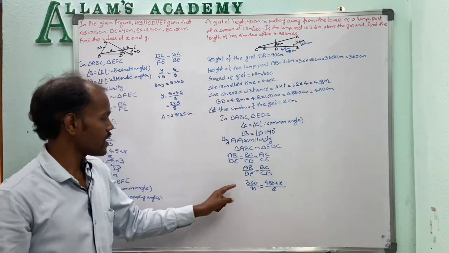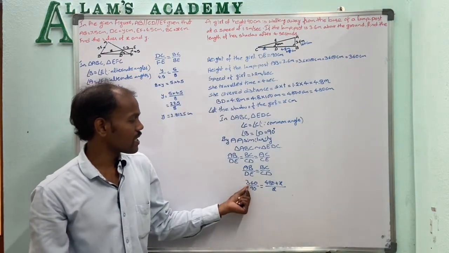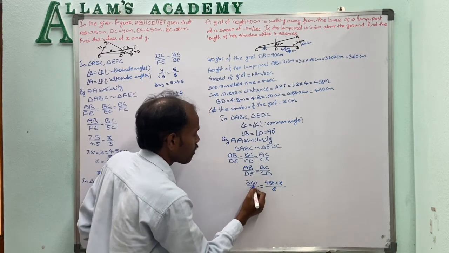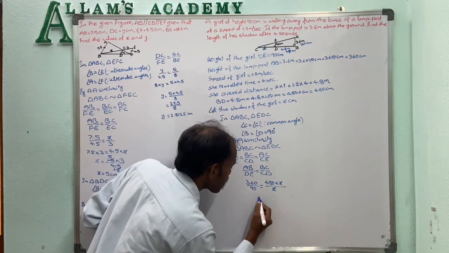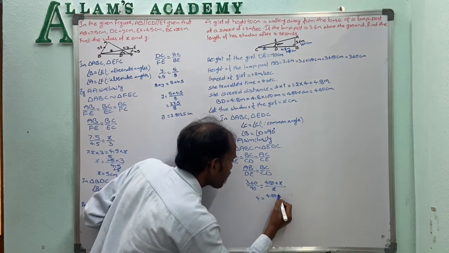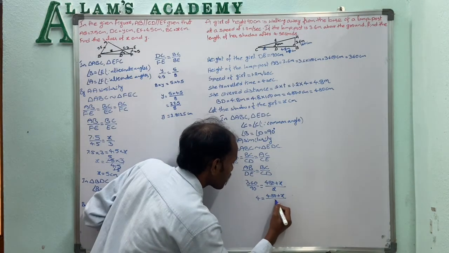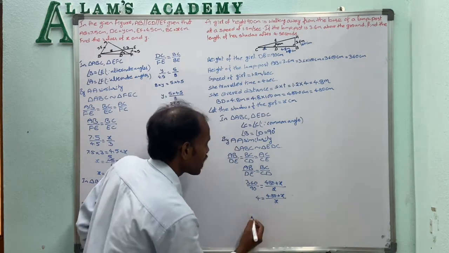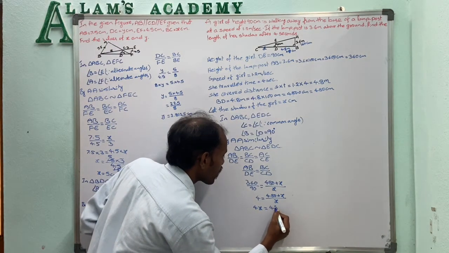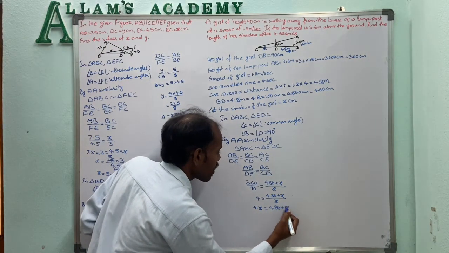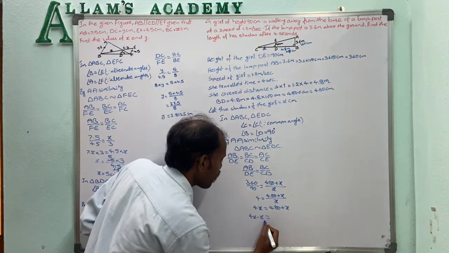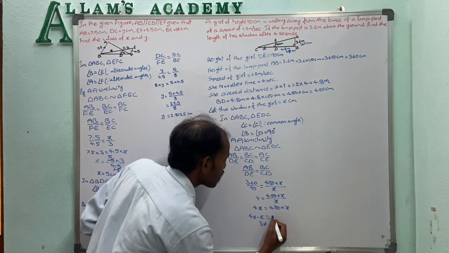Now 360 by 90, both go in the 90 table. 90 fours are 360, so 4 equal to 480 plus X by X. By cross multiplication, 4X equal to 480 plus X. Transfer to this side, minus X. 4X minus X equal to 3X.